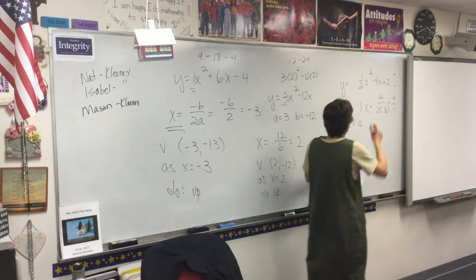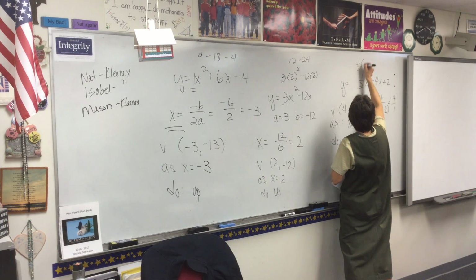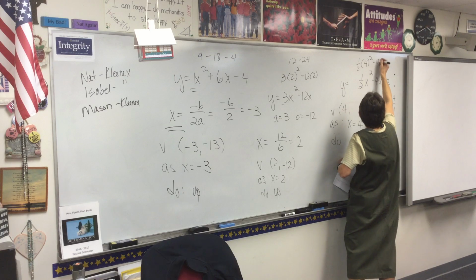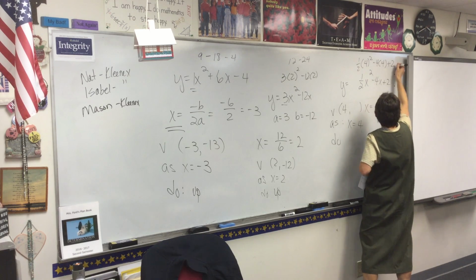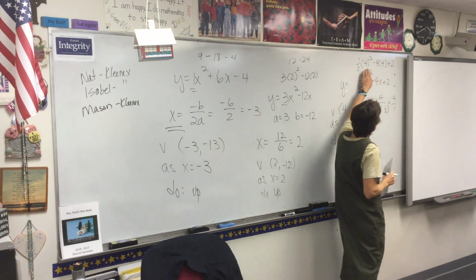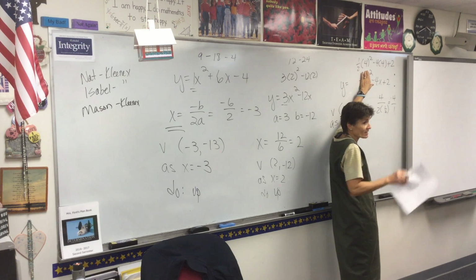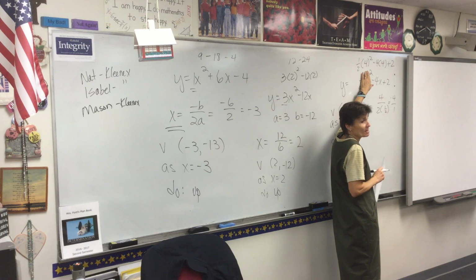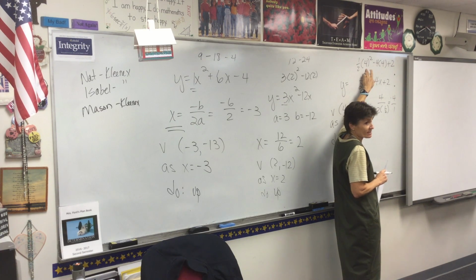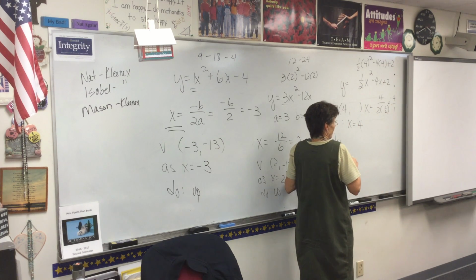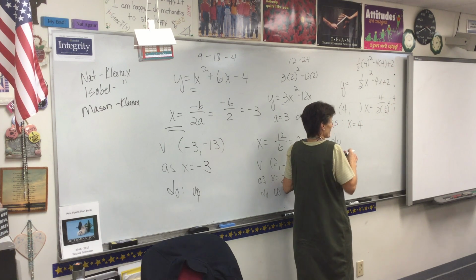Now be careful, you're going to plug 4 in, so you get 1/2, 4 squared, minus 4 times 4, plus 2. Be sure you are doing this in the right order. 4 squared, start with exponents, PEMDAS. 4 squared is 16, times 1/2 is 8.